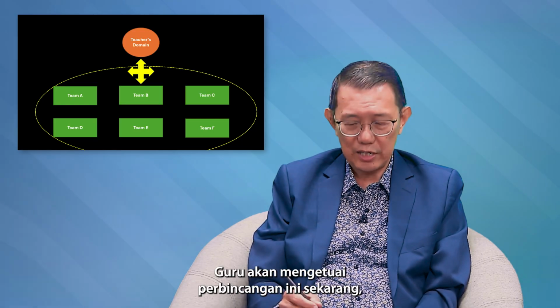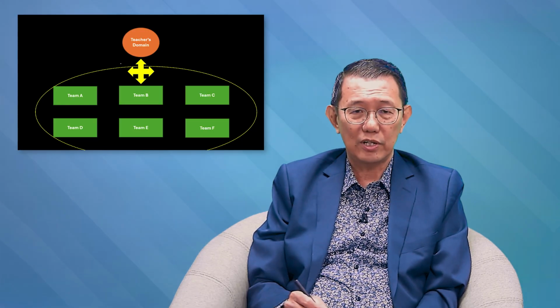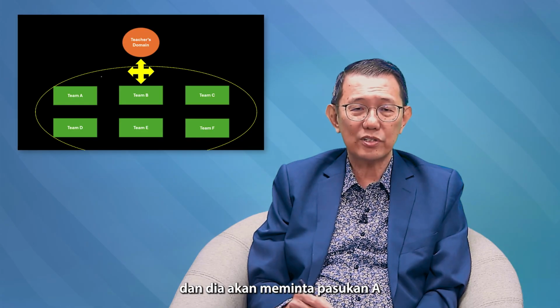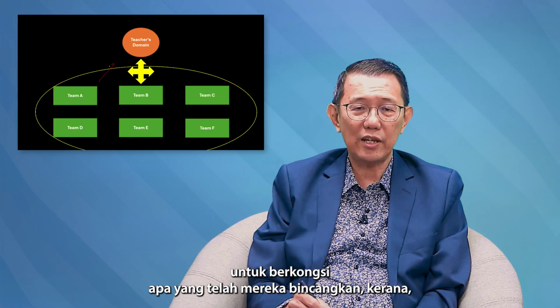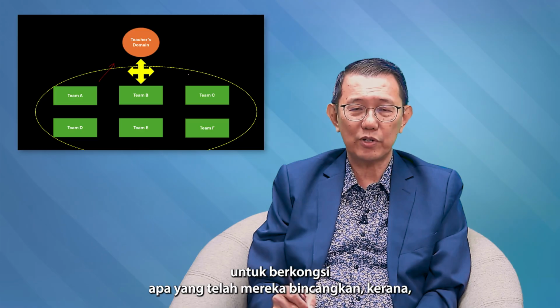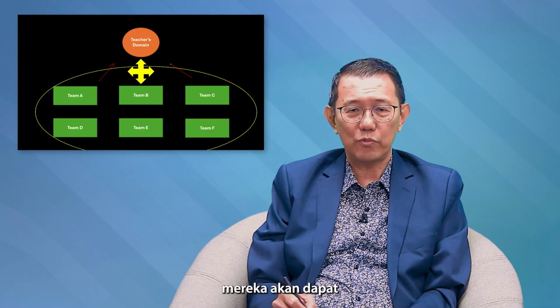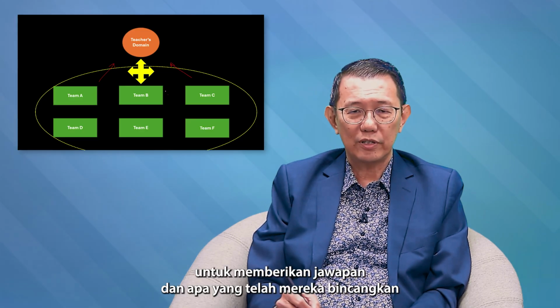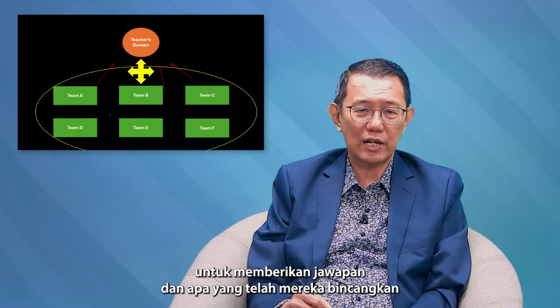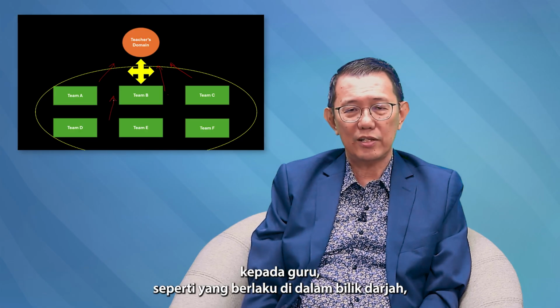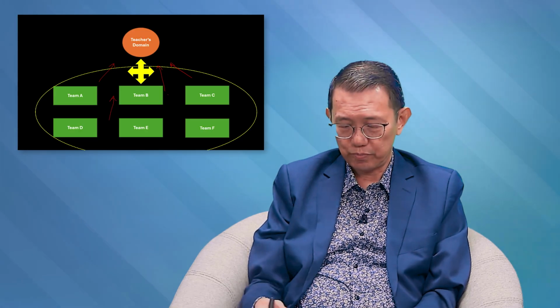The teacher leads this discussion, and he will ask team A to share what they have discussed, because they will be able to give the answers and what they have discussed to the teacher as it happens in the classroom.